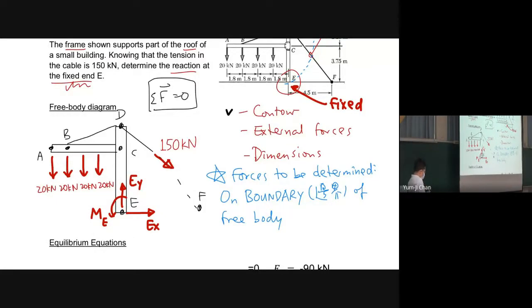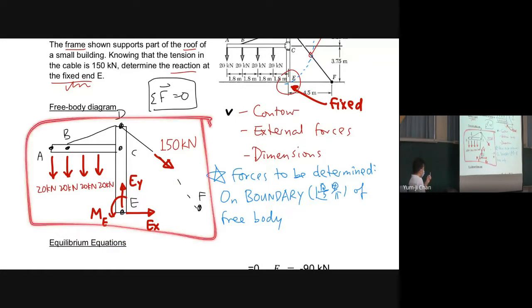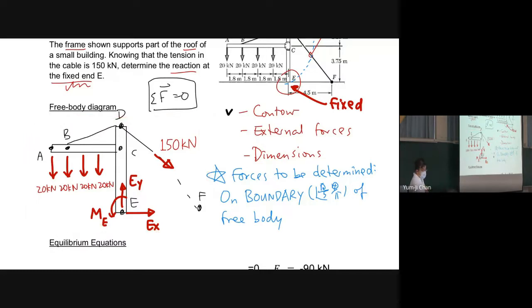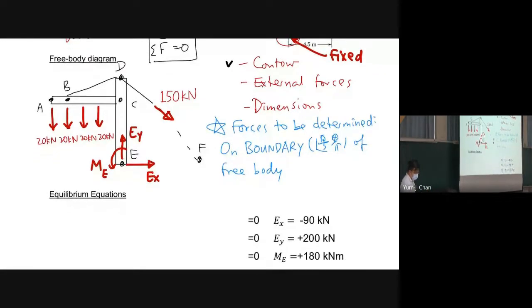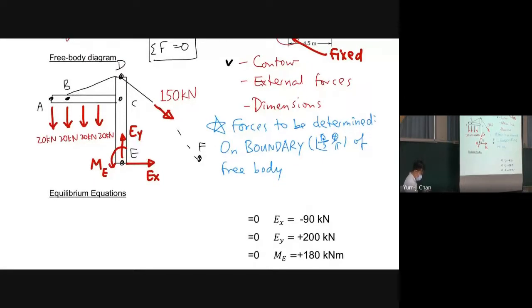So if you have problems at this step, then you will definitely have problems in the next steps. So please take some time in drawing free-body diagrams and in the homework. Now we have all the external forces.